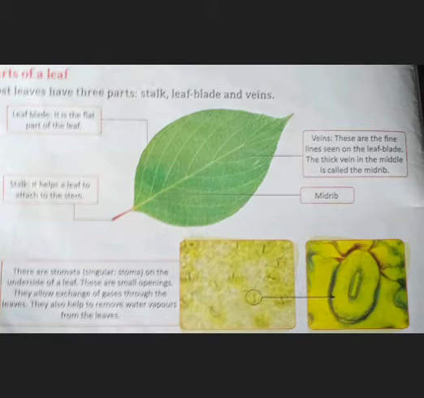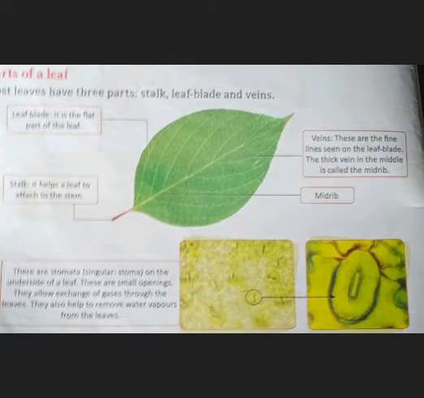Leaves of plant. Leaves grow on the stems of plants. They are usually green in color. Leaves are green because they have a green substance called chlorophyll in them. Chlorophyll helps the leaf to prepare food by the process of photosynthesis.